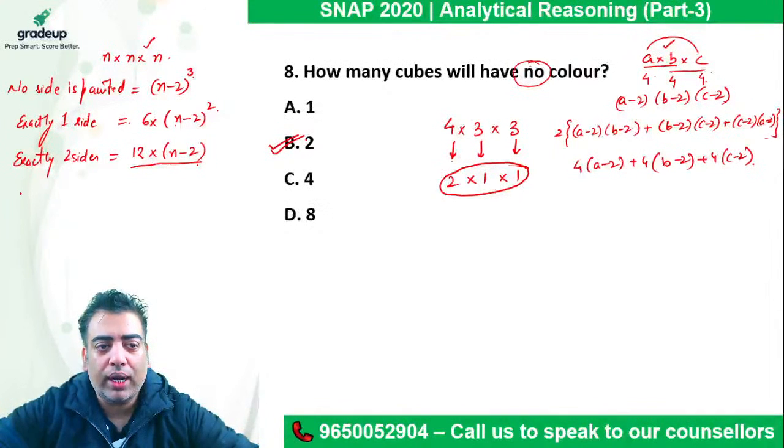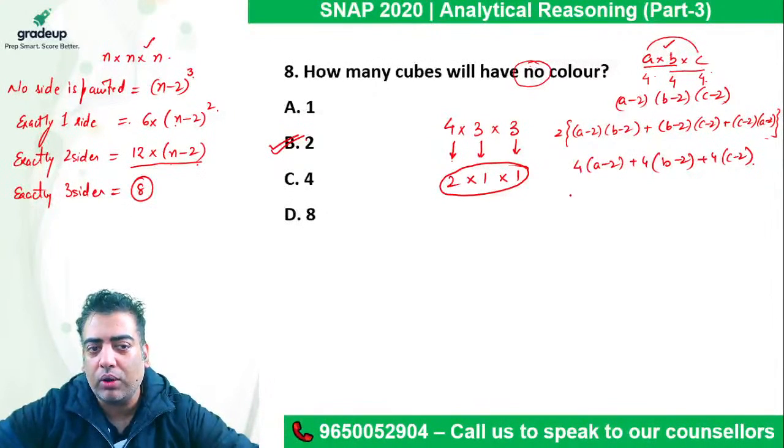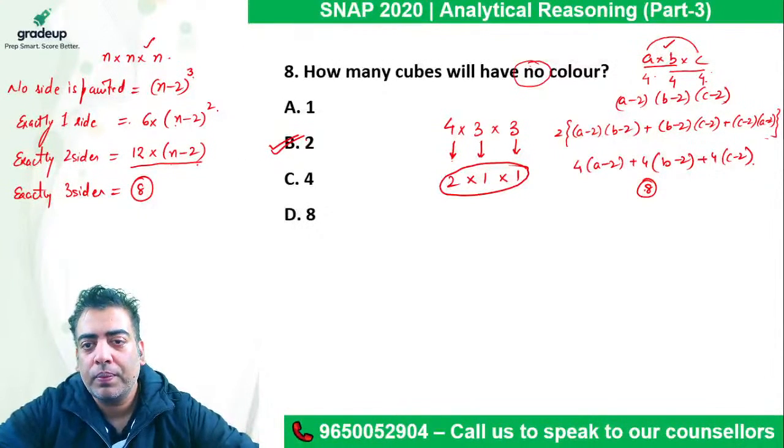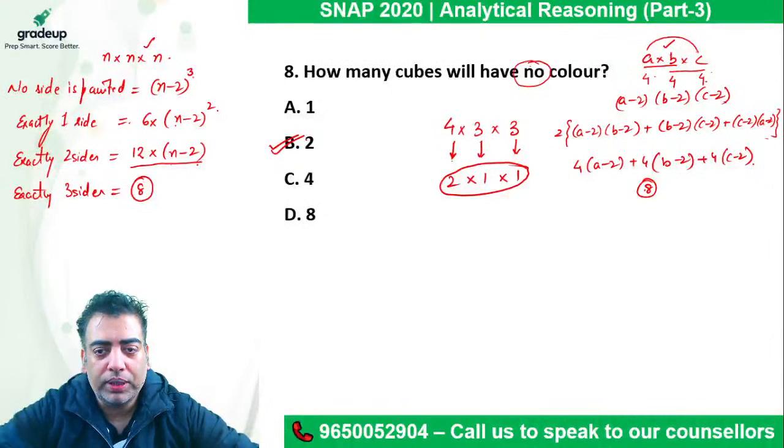And if we are required those cubelets whose exactly 3 sides are painted, they are always the ones at the corners, because there are 8 corners. So we will get 8 in both the cases. So I hope the theory part is clear to each and every student, so that will ensure that you can answer all these questions at a quick pace.